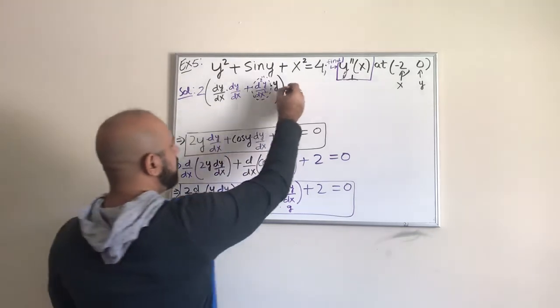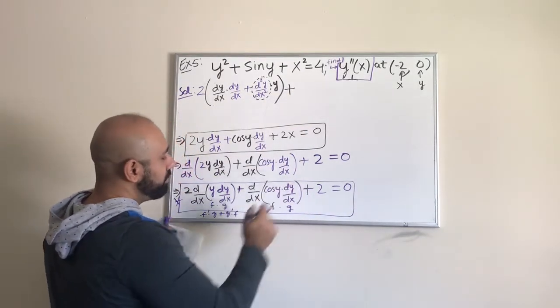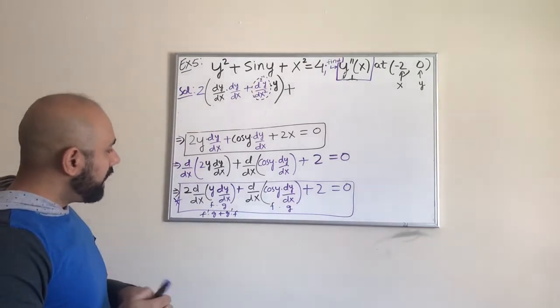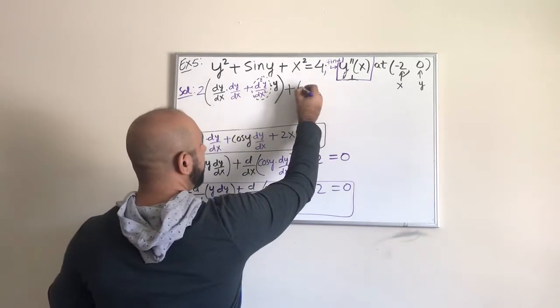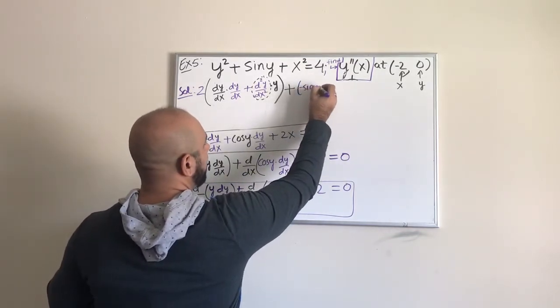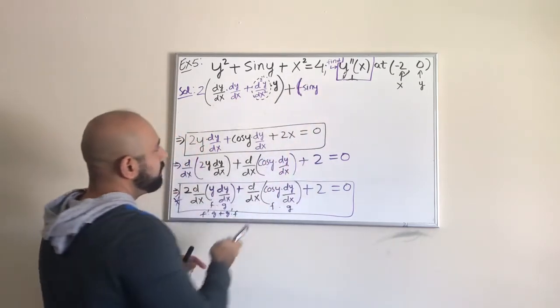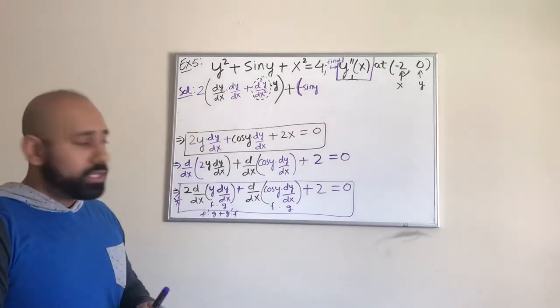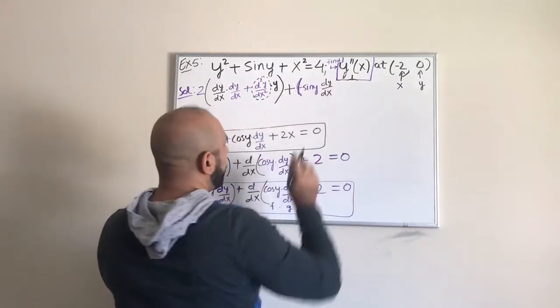Now let us move on to the next piece. Again, the product rule: cosine y times dy over dx. First I have to find the derivative of the cosine, which I know is negative sine, and then this has to be multiplied by just the g function, dy over dx. Okay, we got that.